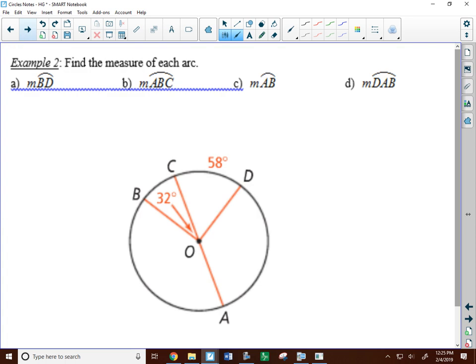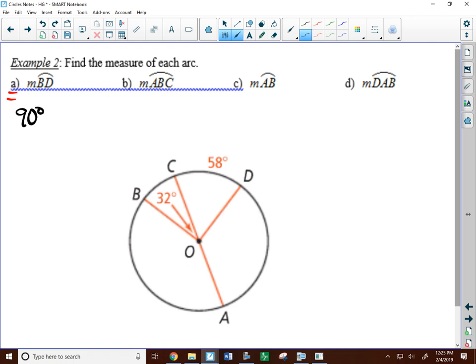Again, this is a combination of adding and subtracting, and you start with a semicircle as 180, a whole circle as 360, and also, as we'll see in part A, central angles and their arcs. So what would you put for A, measure of angle BOD? Abby, you want some of that one? 90. Okay, nice.